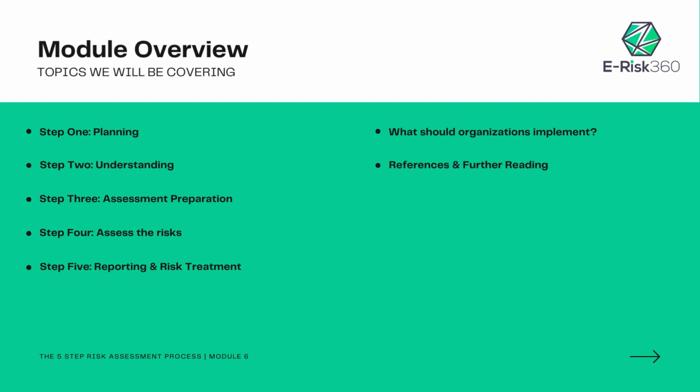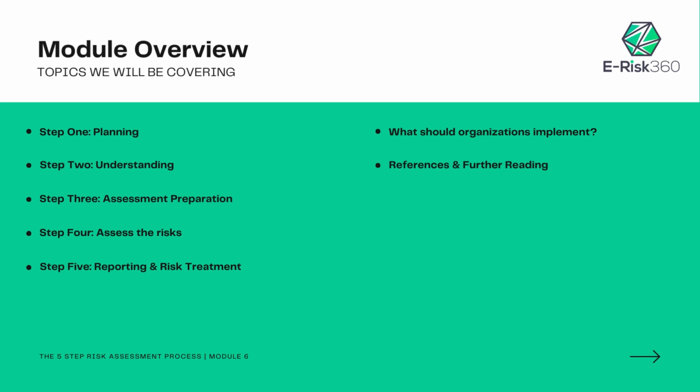And I hope you're enjoying our course on how to develop and maintain a risk management system. So this is module 6, and this module will be doing an overview of the 5-step risk assessment process.